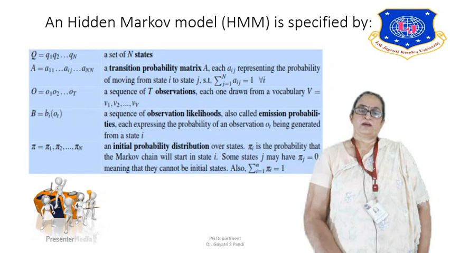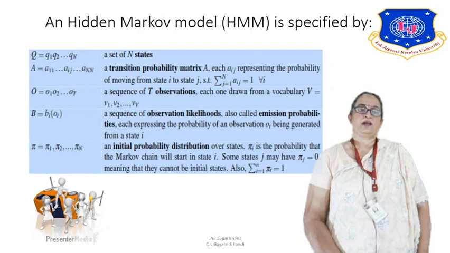Now hidden Markov model is also specified by certain components, that is, a set of n states which is defined as Q equal to Q1, Q2, up to Qn, and a transition probability matrix A equal to A11, A12, and so on up to Ann, where each aij represents the probability of moving from state i to state j, defined such that the summation of j equal to 1 to n, aij equal to 1 for every i.